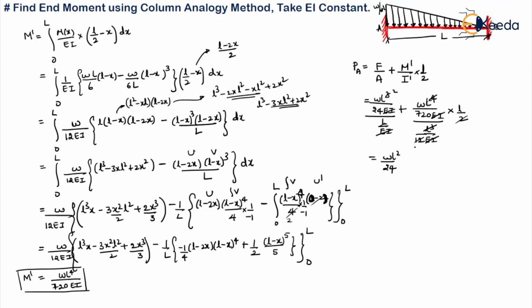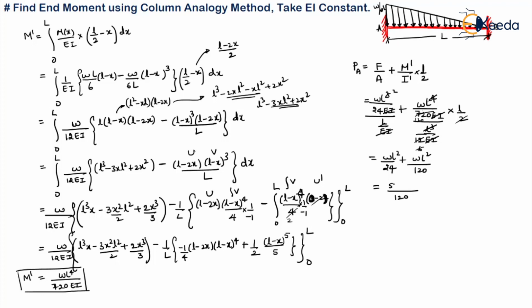This one's a 6, this 6 one's a 1 carry to 120. So plus WL square by 120. EI will not come because EI has already got cancelled. On taking LCM and simplifying, what will you get? Let's take 120 as LCM.